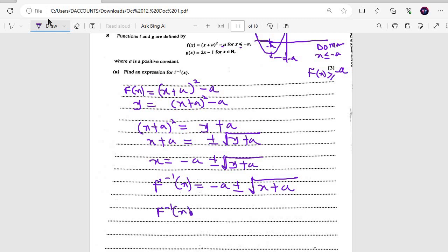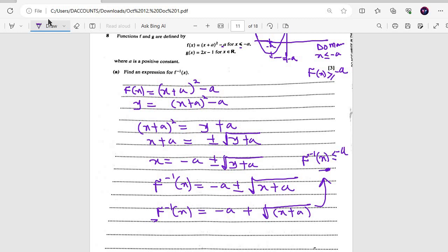Why am I choosing plus? When you check the range of this, remember that the domain of the function will be the range of the inverse. So the range of this inverse will be the domain of that function, and the domain of that function is x less than or equal to minus a.